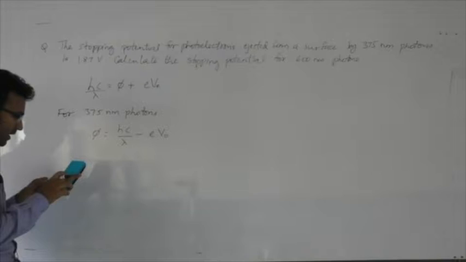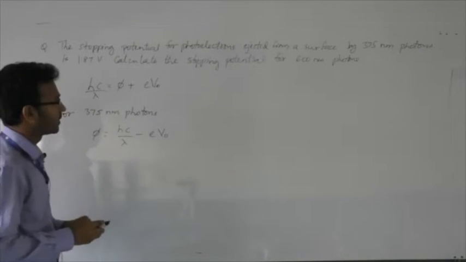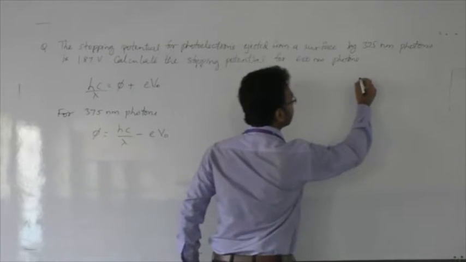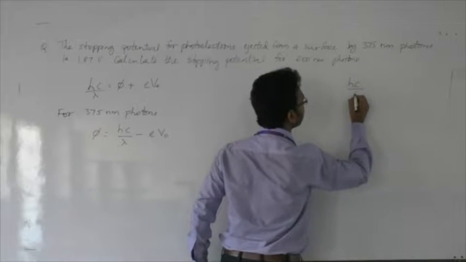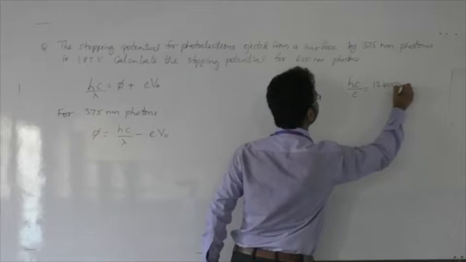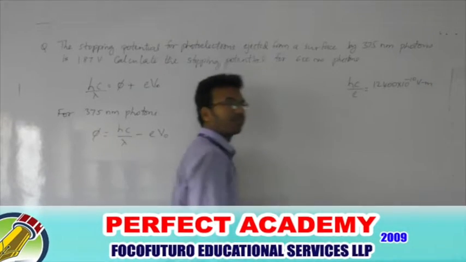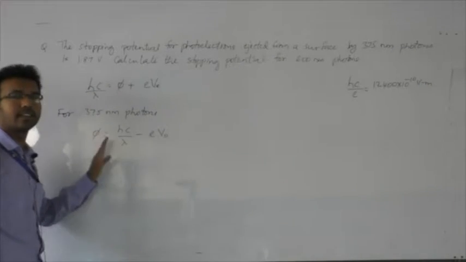That's as simple as that. Now, as I mentioned in my previous class, it is easy to substitute this value: hc by e is 12,400 into 10 power minus 10 volt meter. If you use this value, it is easy for our calculation.